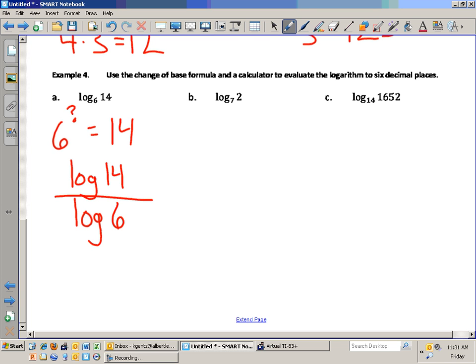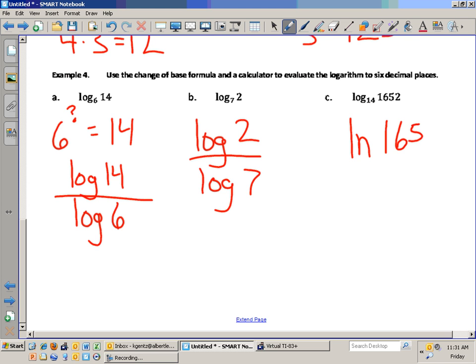For b, you would do the log base 10 of 2 divided by the log base 10 of 7. And for c, I'm going to write natural log. You can pick either log base 10 or natural log. It doesn't matter.